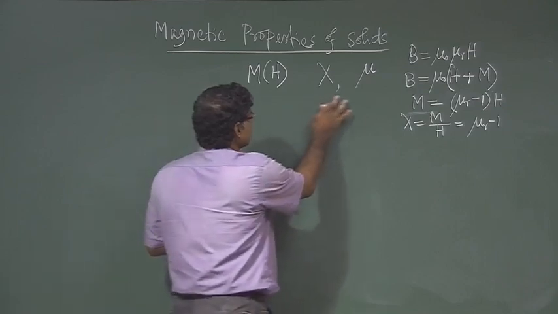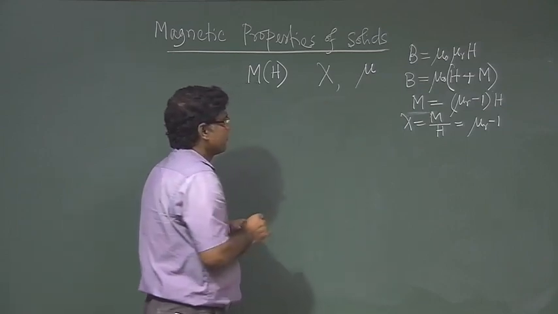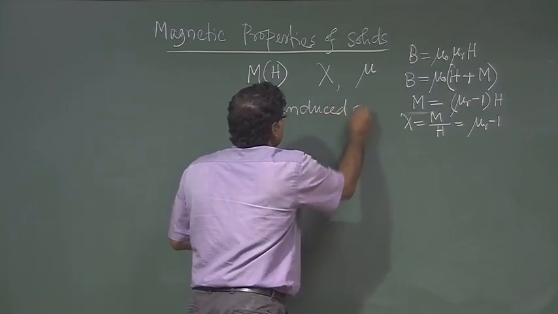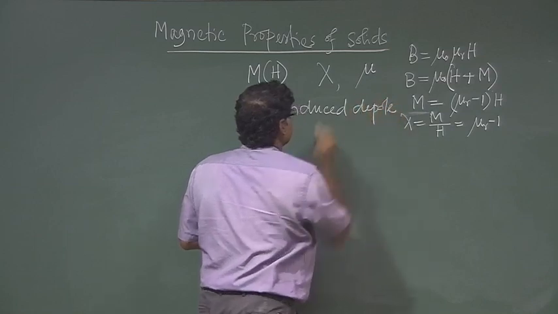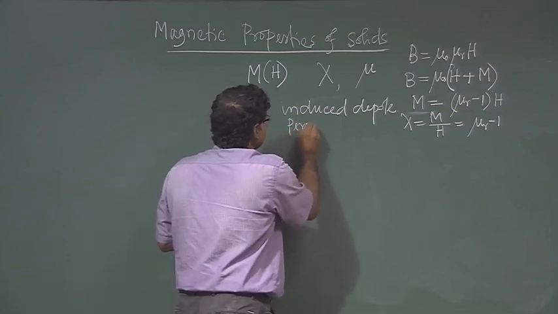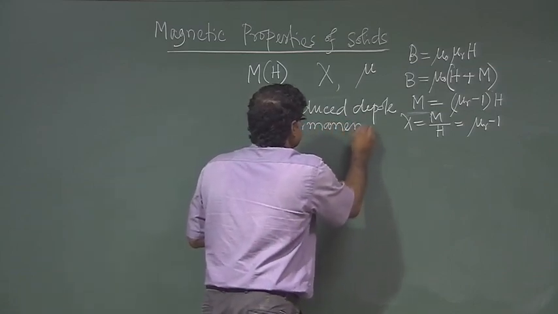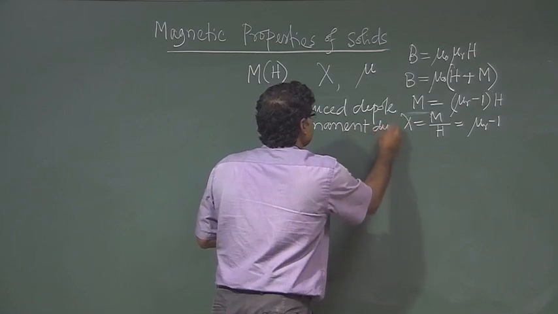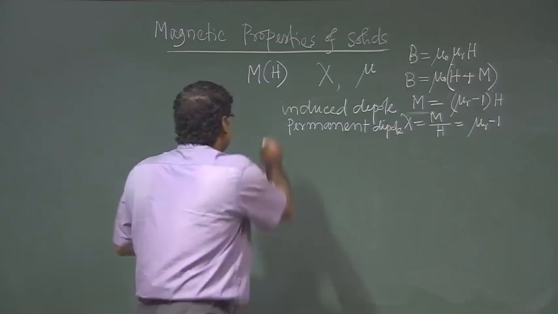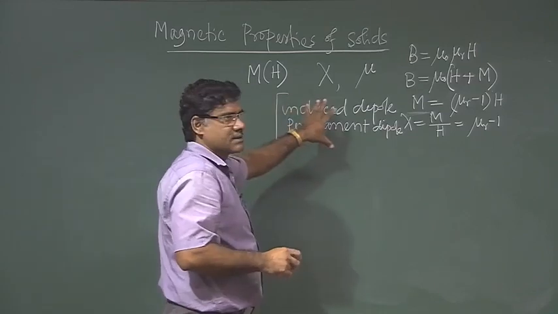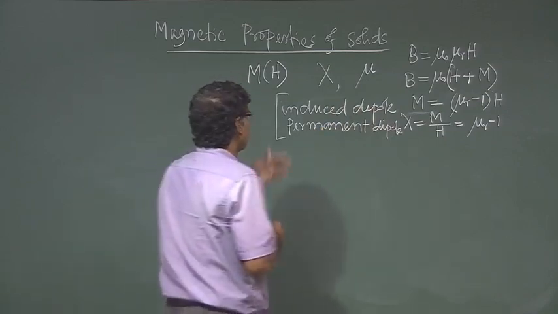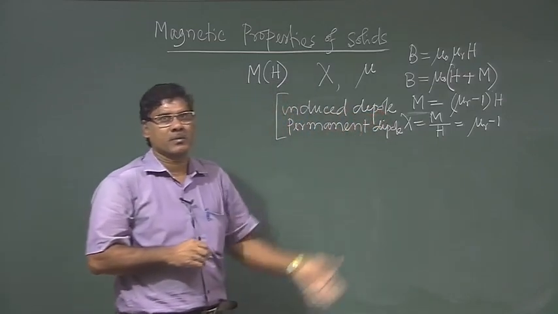This is basically the induced dipole moment as well as the permanent dipole moment. As I mentioned, the material should have either an induced dipole moment or a permanent dipole moment.